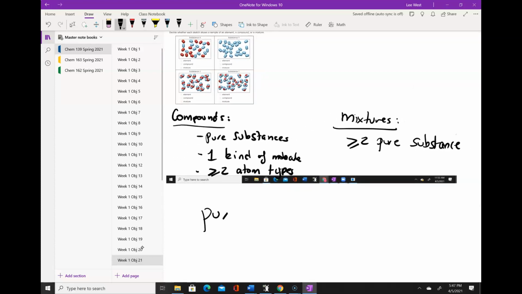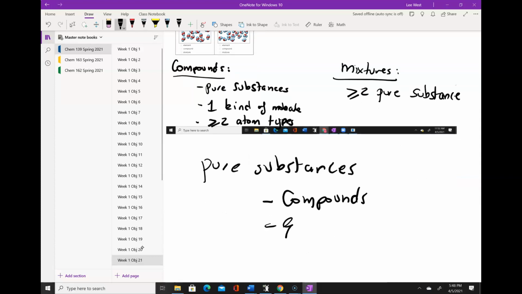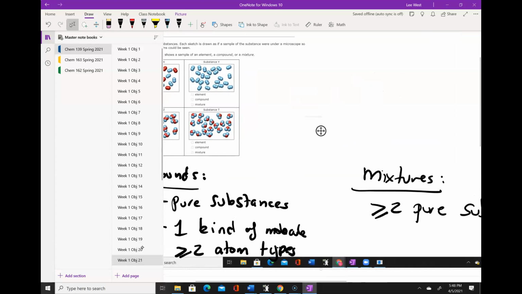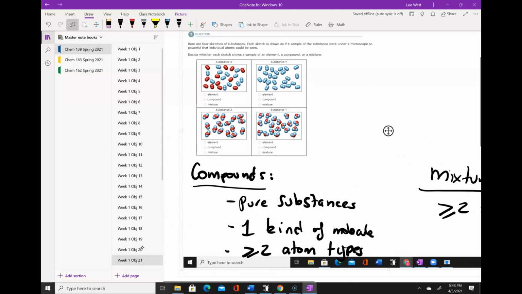And remember, like I said, pure substances are either compounds or elements. Always tricky writing on this glass. So let's see what we've got here. Decide whether each sketch shows a sample of an element, a compound, or a mixture.